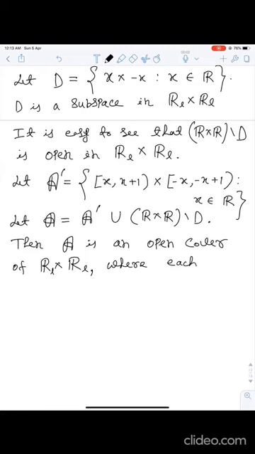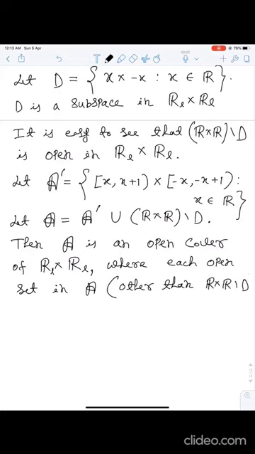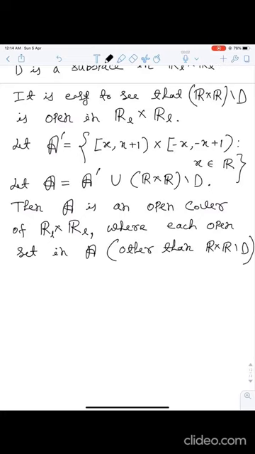Each open set in A, other than the open set R cross R minus D, intersects D in exactly one point.